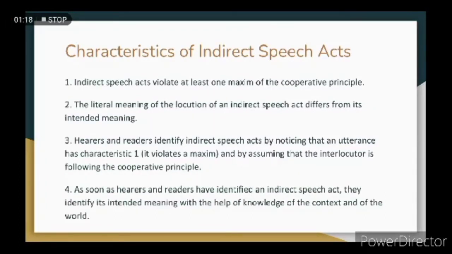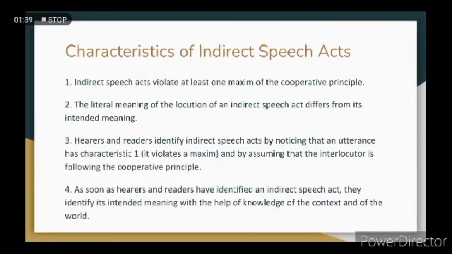Characteristics of indirect speech acts. Number 1. Indirect speech acts violate at least one maxim of the cooperative principle. Number 2. The literal meaning of the locution of an indirect speech act differs from its intended meaning. Number 3.